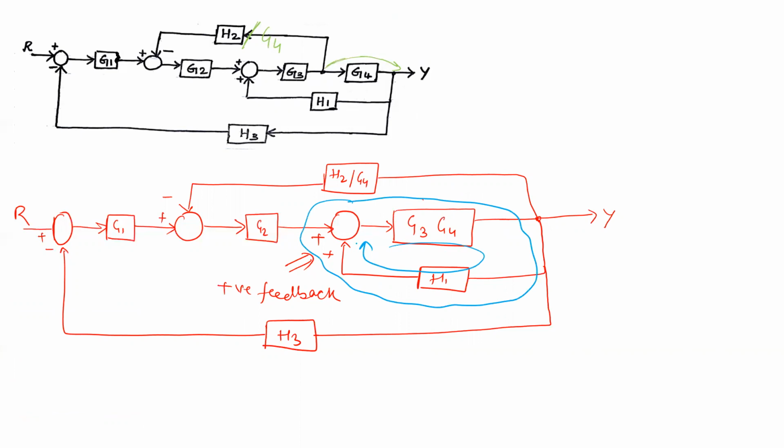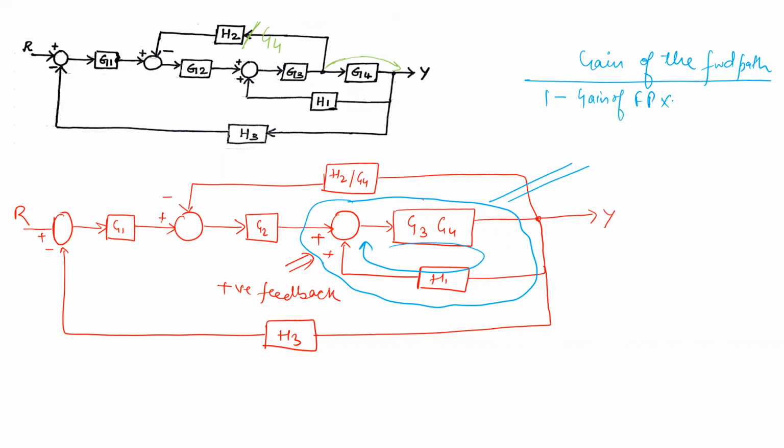We know the simple formula for this is the gain of the forward path divided by 1 minus, because it is a positive feedback, 1 minus the gain of the forward path into the gain of the feedback path.